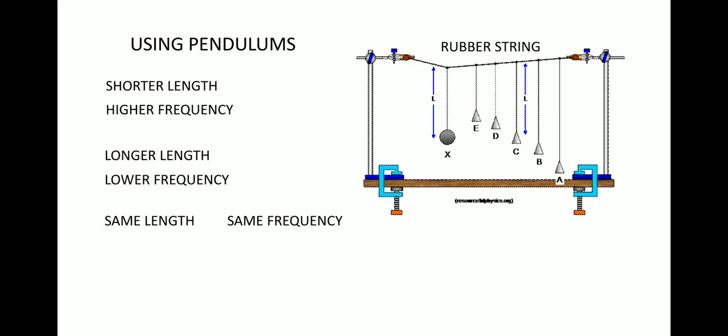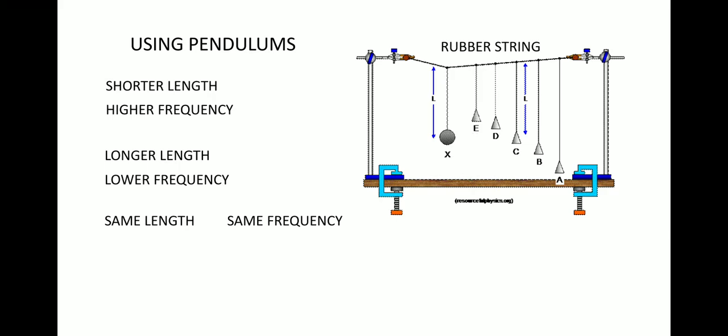Thus, the amplitude of pendulum C decreases and that of X increases. This process continues until the resistance in air damps the motion and they come to a stop.